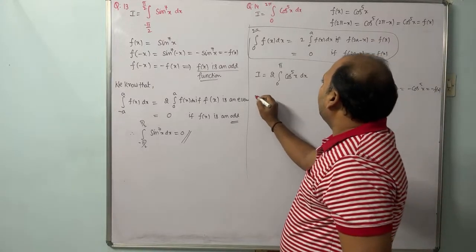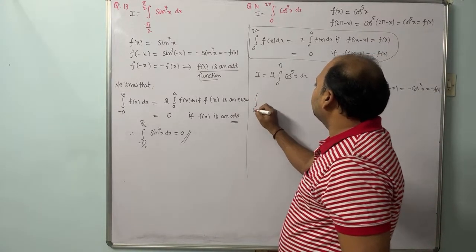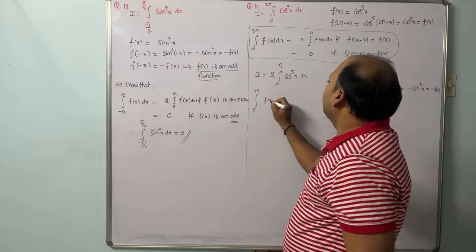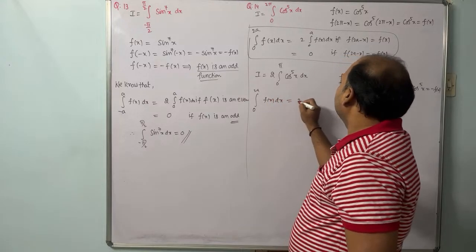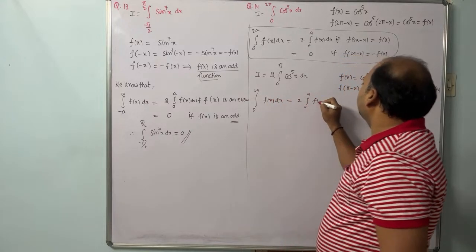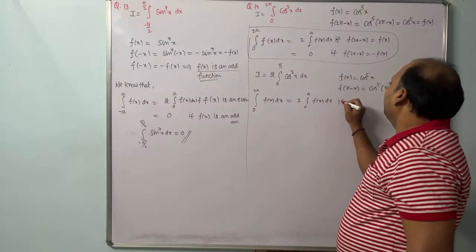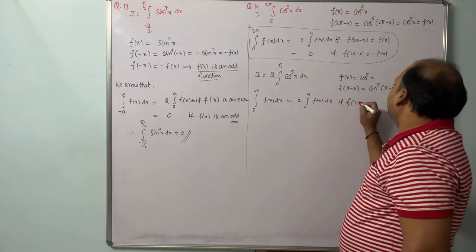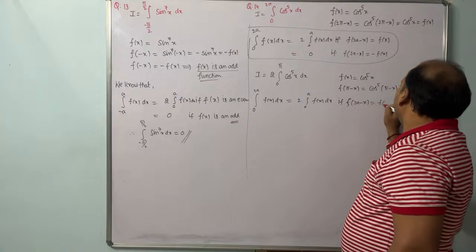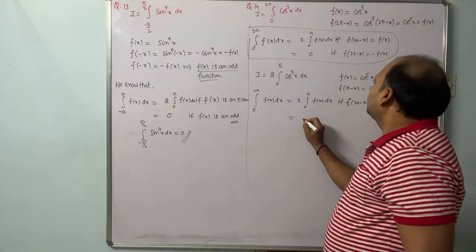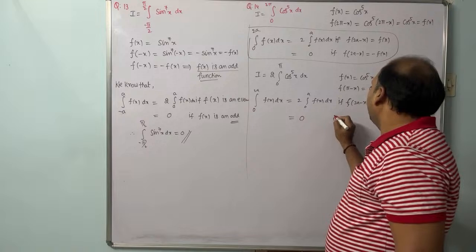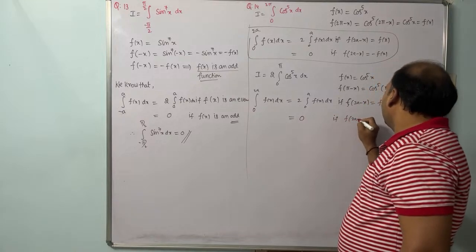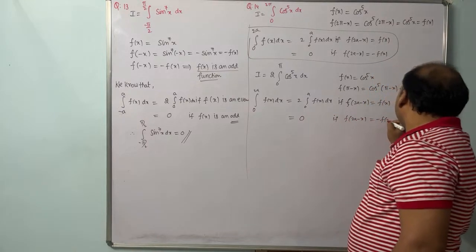So again by using the same property, integral 0 to 2a f of x dx is equal to 2 times integral 0 to a f of x dx if f of 2a minus x is equal to f of x, which is equal to 0 if f of 2a minus x equal to minus f of x.